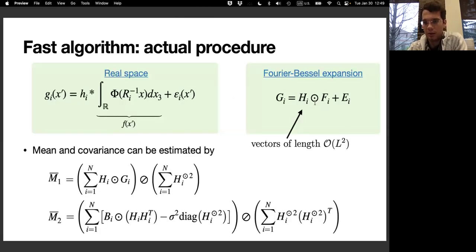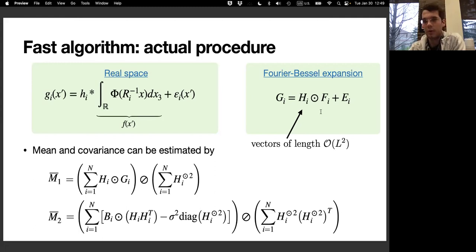Now this product here is an element-wise product, because again, the convolution with the radial function becomes a diagonal operator. So we have a statistical model that looks like this. It's very structured, very simple. And then we care about the covariance and means generated from this model.